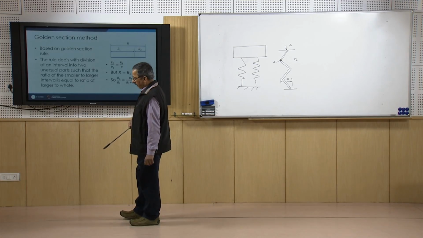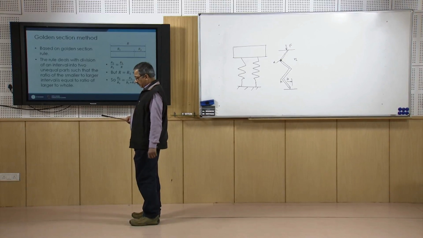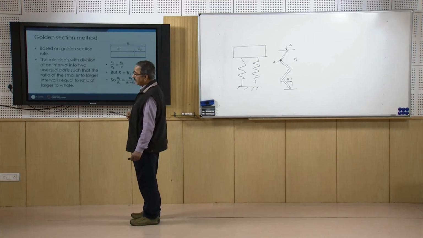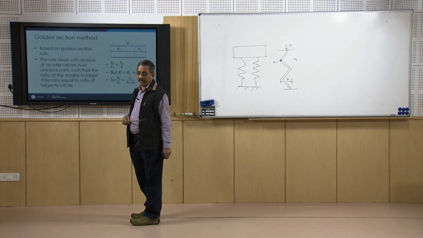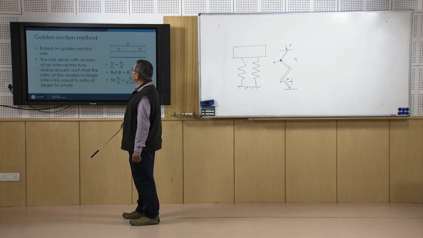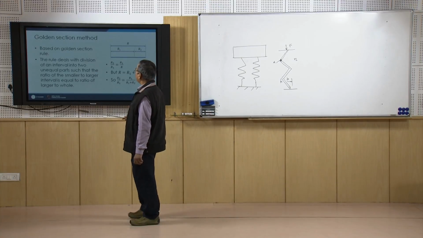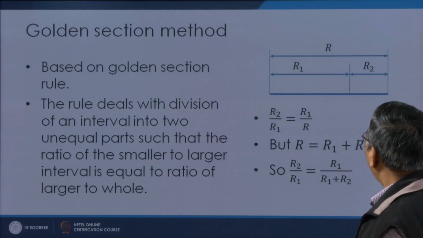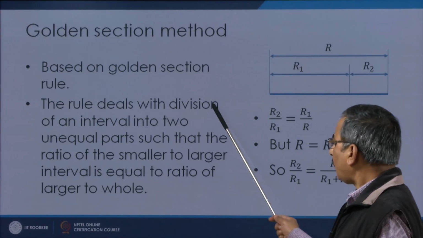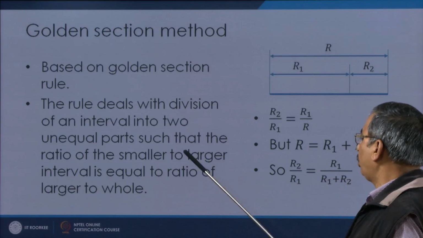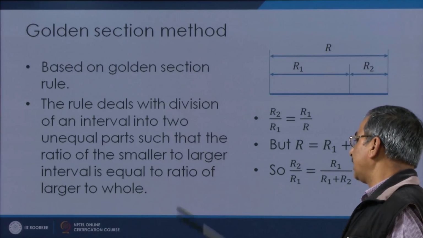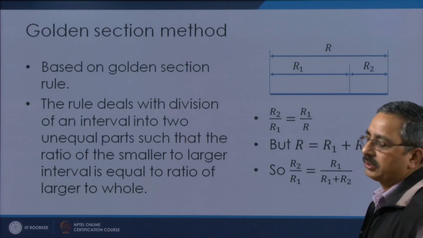Now, one of the very popular and efficient search methods, because it does not carry out an exhaustive search, is the golden section method. This method is based on the golden section rule, which deals with division of an interval into two unequal parts such that the ratio of the smaller to the larger interval is equal to the ratio of the larger to the whole.